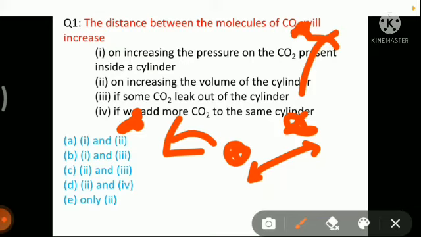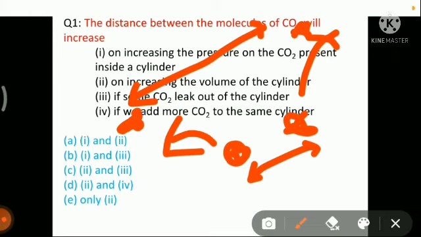Yes, only then the distance will increase. So for this to occur, the gas should occupy a larger volume, or the gas should be able to move more freely in a greater space. Okay, so that means the first condition is that the volume of the gas should increase.